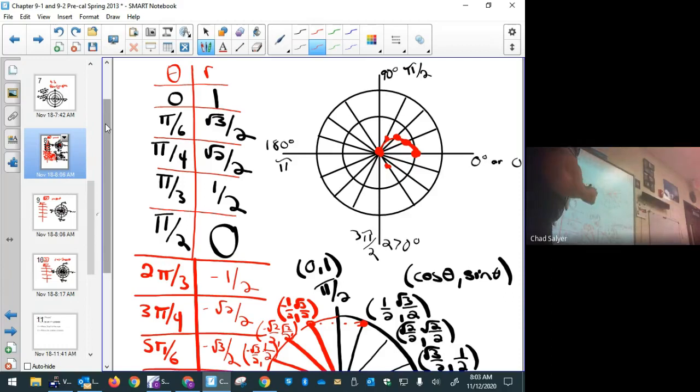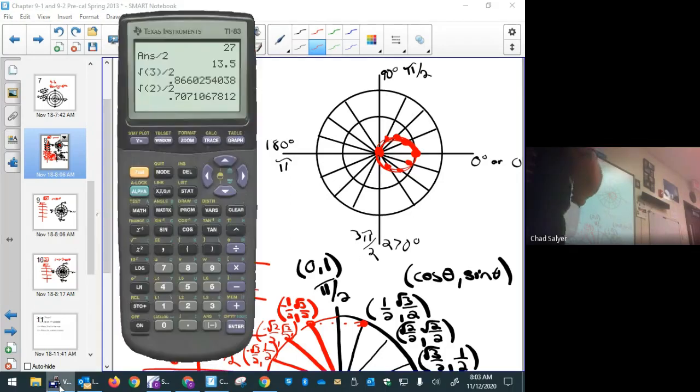And then if I go to 3 pi over 4, which is here, I need to go negative radical 2 over 2, which you'll remember was about 0.7. And then if I come to this arm, 5 pi over 6 here, I need to go negative radical 3 over 2, which you'll remember was real close to 1. And now you see probably the entire shape. A little circle over there.